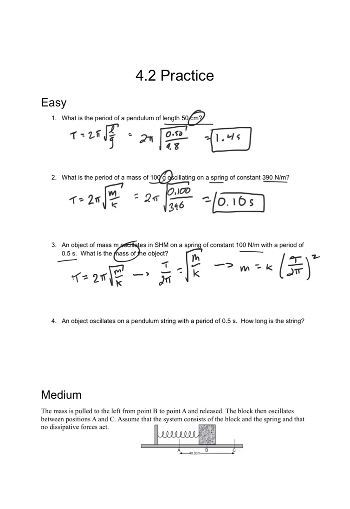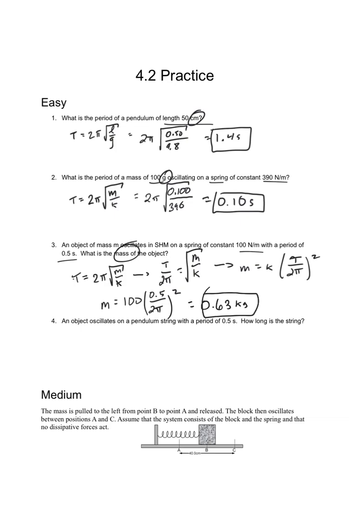Thus, plugging my numbers in, my mass is equal to 100 times 0.5 divided by 2 pi, quantity squared, giving me a mass of 0.63 kilograms.